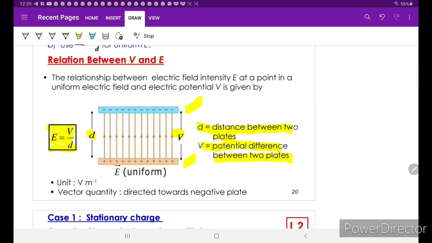I repeat again, to calculate the electric field between these two parallel plates, we use the formula V over d. The unit for this electric field is volt per meter, and it is a vector quantity, always directed from the positive plate to the negative plate.